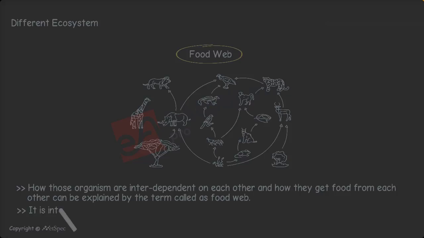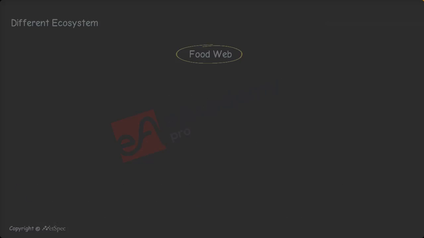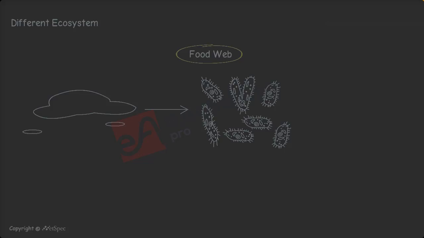In simple words, we can say it is an interconnected unit, so along with these organisms, there are other organisms that are present in nature. Here in the soil, bacteria and fungi are also present. The bacteria and fungi are eaten by earthworms.